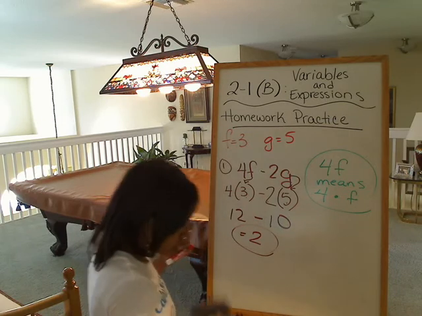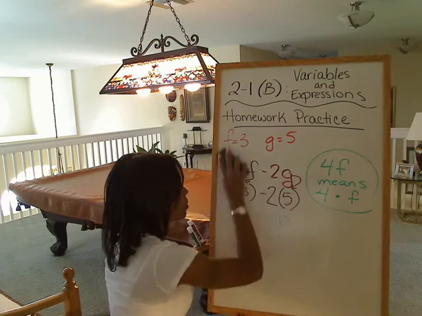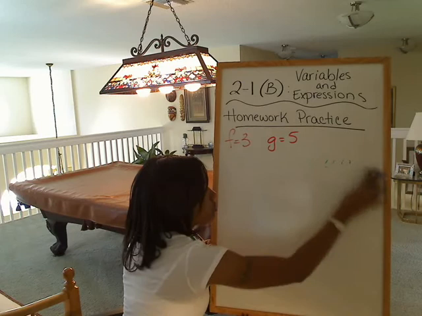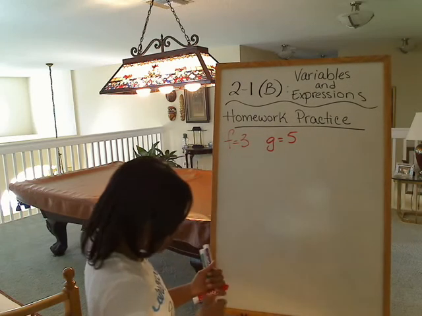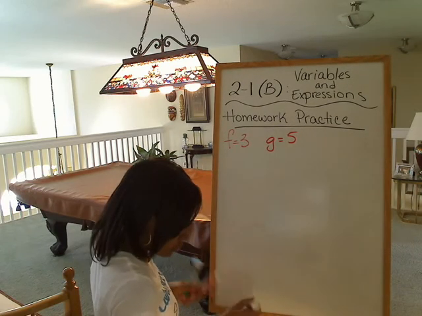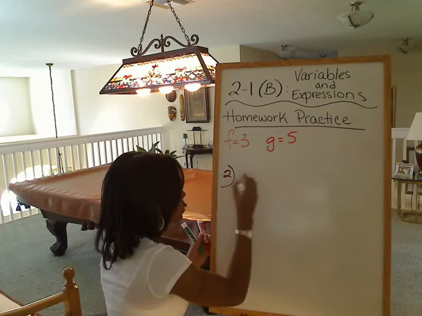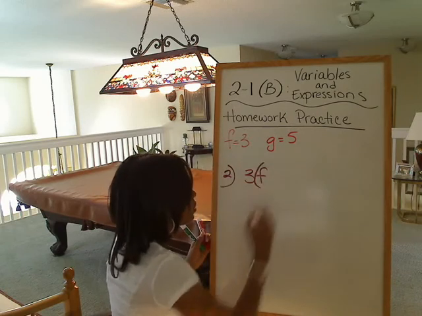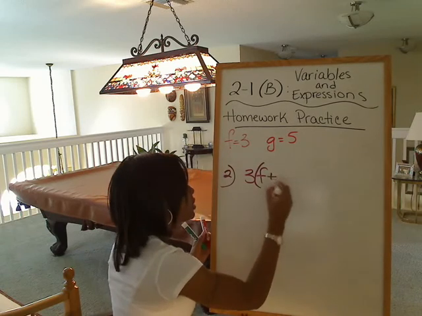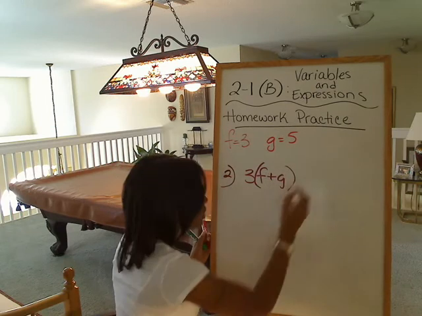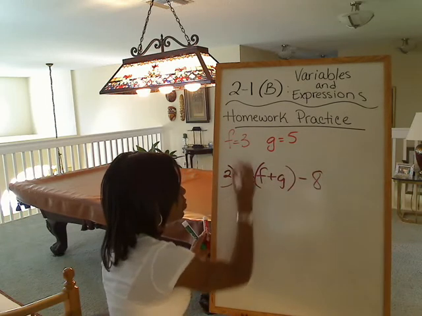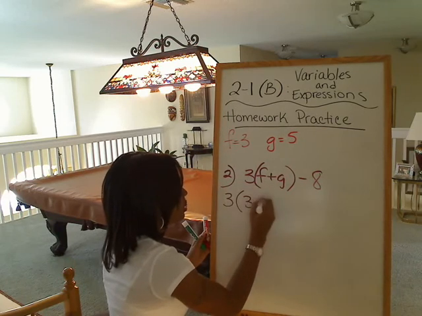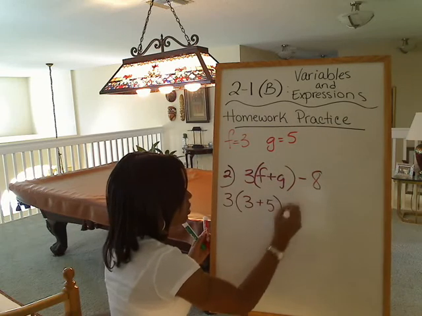Okay, let's do number 2. Number 2 says 3 parentheses f plus g, minus 8. So let's rewrite it with the numbers. 3 parentheses, the f is a 3, the g is a 5, and minus 8.